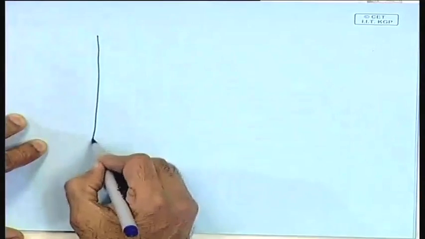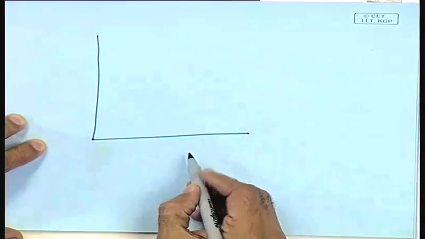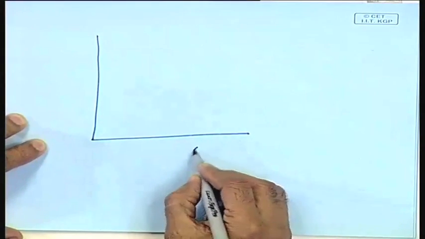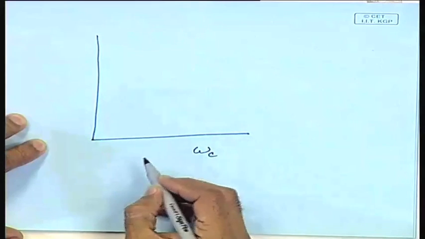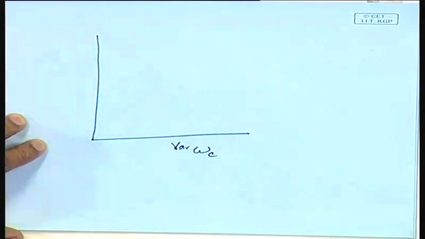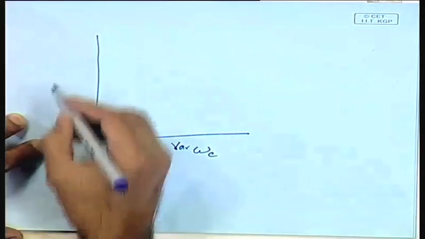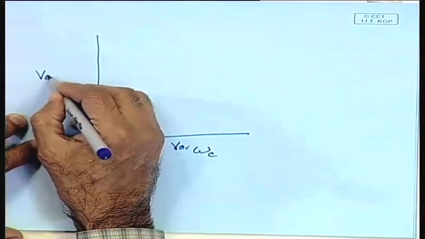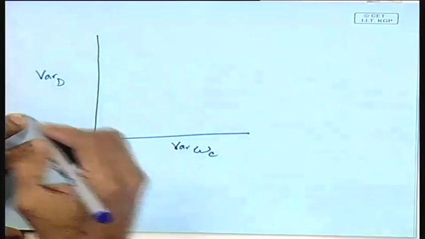Let's say I've got two objectives, and the objectives are given like this. I've got objective 1, and this could be, for example, omega c, not quite omega c, but the variance of omega c. Variance of omega c is one objective that you'd like to minimize. And this is variance of D, the deflection, which you'd also like to minimize.